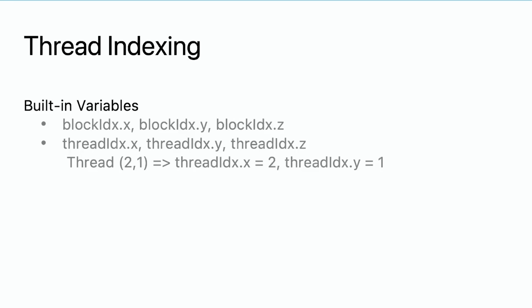Similarly, threadIdx.x, threadIdx.y, and threadIdx.z are built-in variables that return the thread ID in the x-axis, y-axis, and z-axis of the thread within the block. For instance, thread 21 means the value of threadIdx.x is equal to 2, which is the thread ID in the x-axis, and the value of threadIdx.y is equal to 1, which is the thread ID in the y-axis.